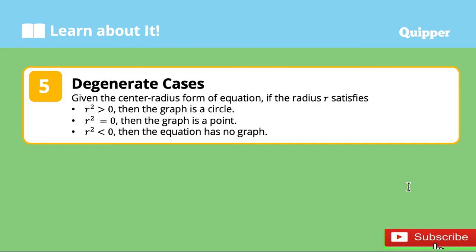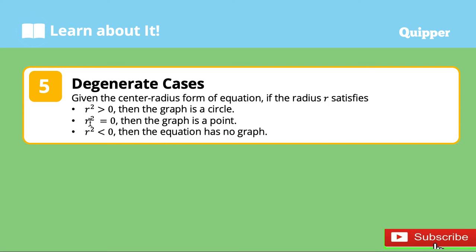Next is the degenerate cases. Given the center radius form of the equation, if the radius r satisfies the following, there are three cases. First, if r squared, or the radius squared, is greater than 0, then the graph of this equation is a circle.